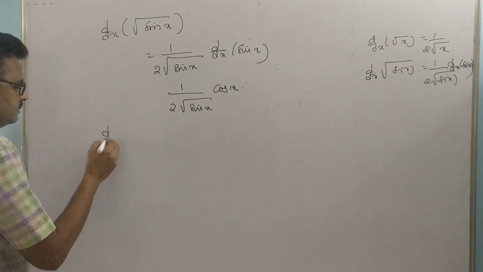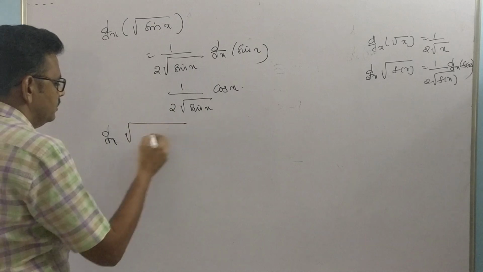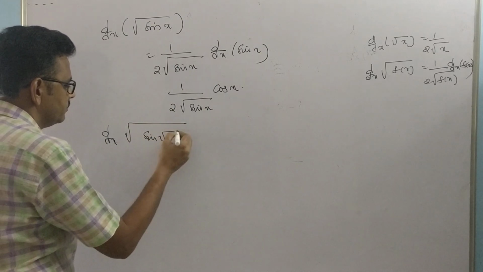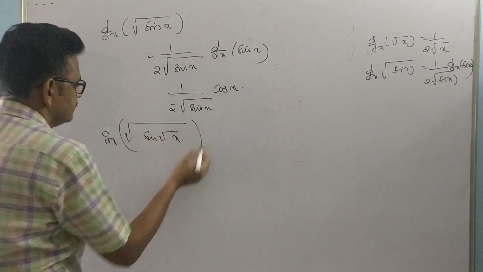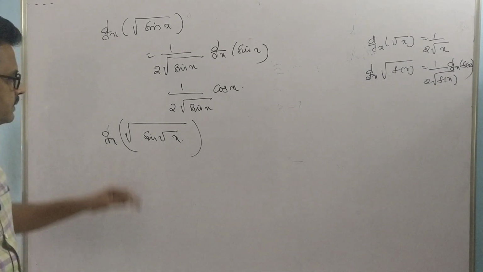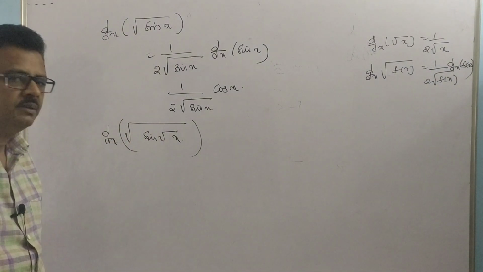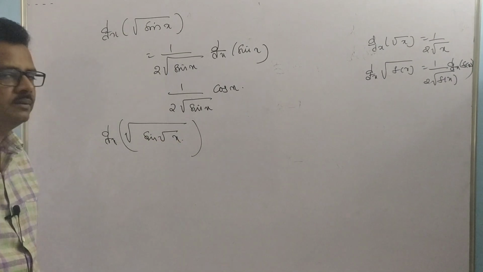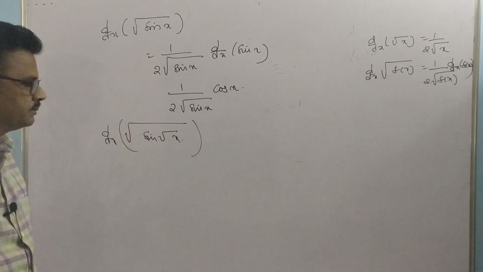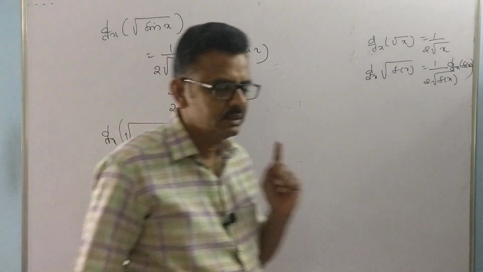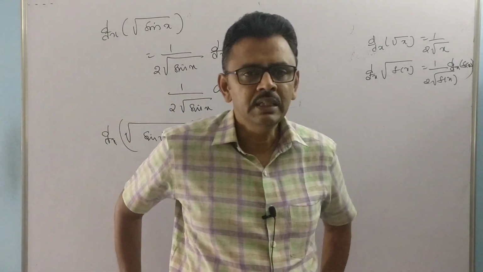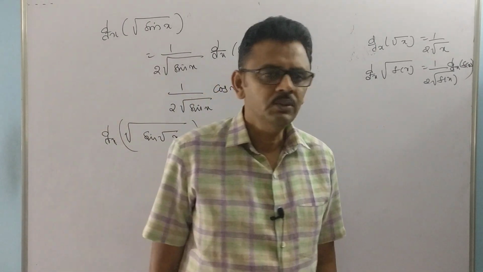Next one, derivative of root of sin of root x. Now this is first function root x form, second function sin x form, third function again root x. So here there are three forms. One is root x, second one is sin x, third one is root x.